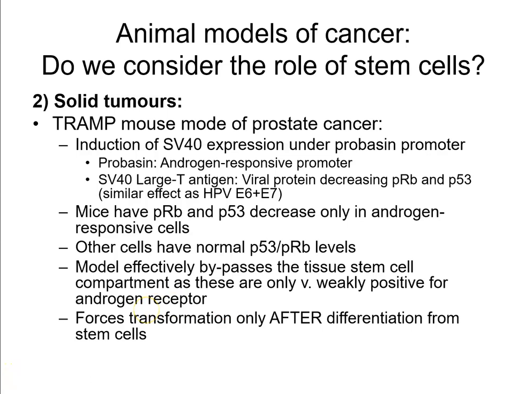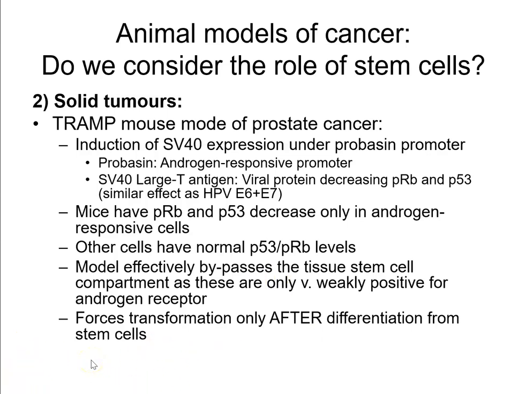So with both of these models I've described, they both have the same caveats as to whether the data that they generate is representative of human tumours or not. The real answer here is we don't really know whether these models are really good models or really poor models, and the jury is really out on this.